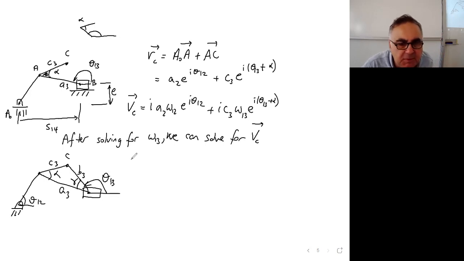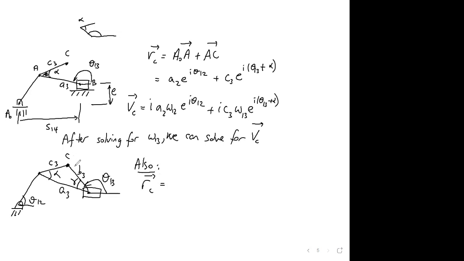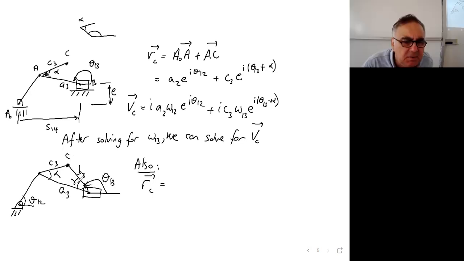Here we can also say the following. RC can be written as, isn't theta 13 up to A3? Theta 13 includes gamma as well, right? This time I counted theta 13 up to the B3 line.